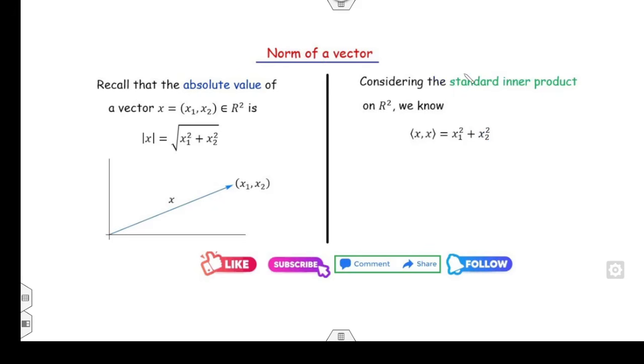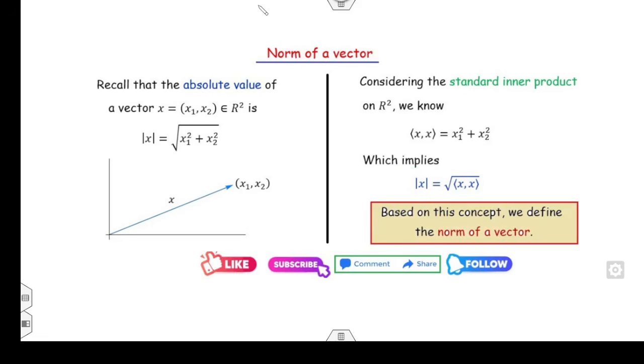So over the standard inner product, x comma x is x1 square plus x2 square. Therefore, the length, the absolute value of the vector, is the square root of x comma x, that is, the inner product. Based on this concept we can learn the concept of the norm of the vector.